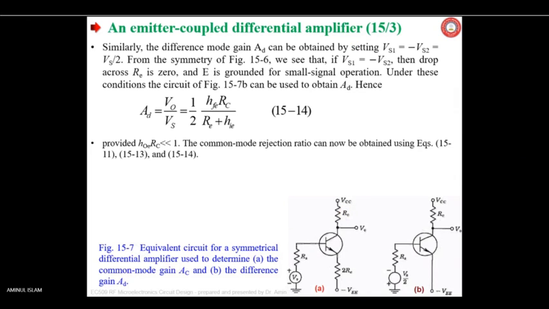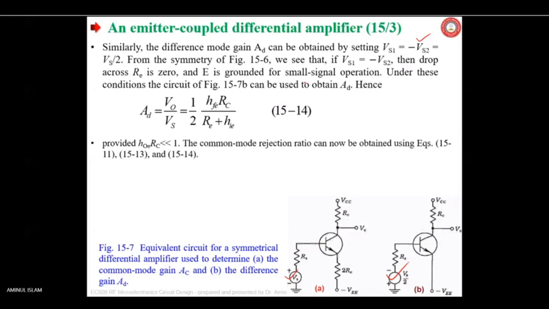Similarly, the difference mode gain AD, that is the differential voltage gain of the differential amplifier, can be obtained by setting VS1, that is this source, VS1 equals minus VS2 equals VS by 2.